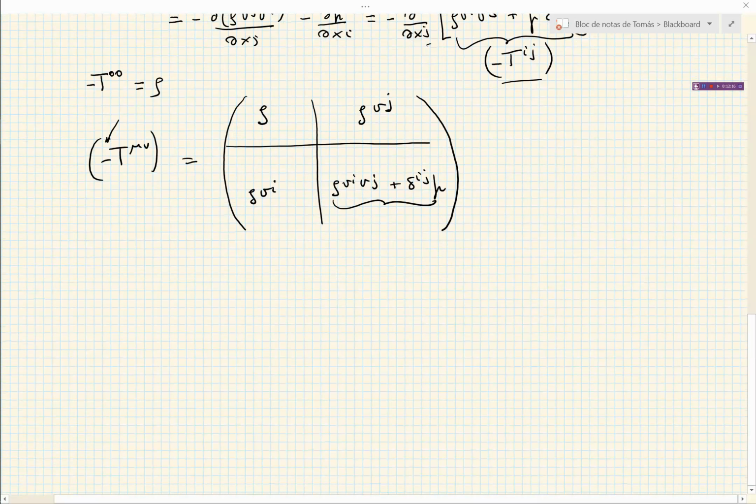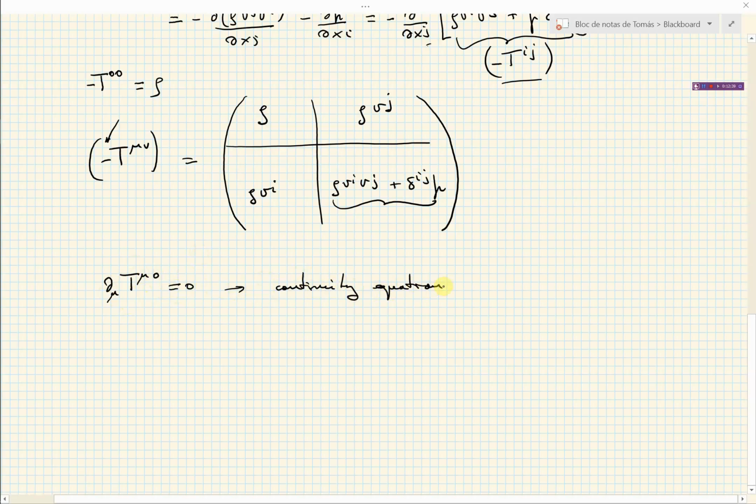Now, the virtue of this definition is that if you compute the covariant divergence and set this equal to 0, you recover the continuity equation. Okay, you can just check it.